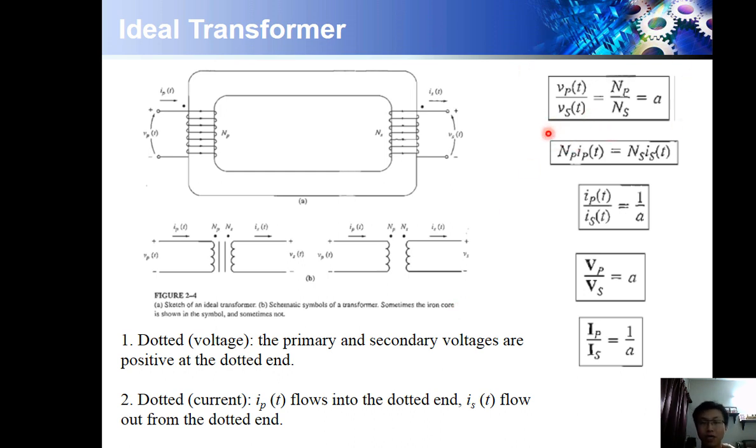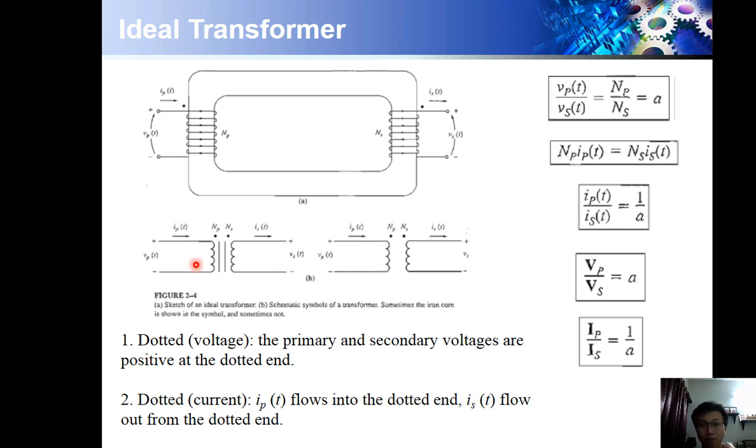When we put it into a ratio, VP divided by VS is actually the number of primary turns divided by the number of secondary turns. We call this the transformer ratio A. Then, because I assume the ideal transformer is lossless, the power in will be the same as the power out.